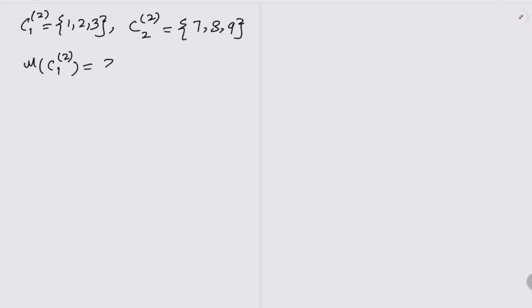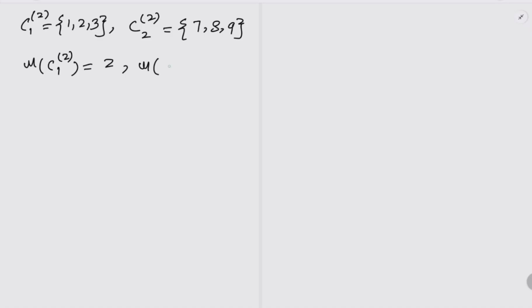So after step 1, the clusters have been changed. C1 now holds 1, 2, 3, and for iteration 2, cluster number 2 is updated like this: 7, 8, and 9. So the centroid for cluster number 1 will be 2.